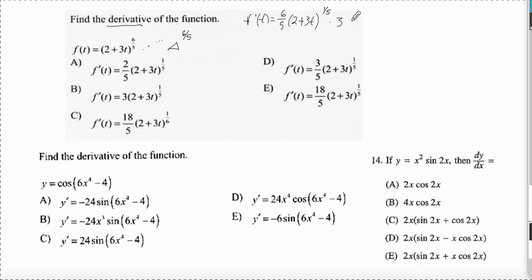And then I can do any cleaning up that I might need to do. 6/5 times 3 is going to give me 18/5 times 2 plus 3t to the 1/5 power. Let's see if we see that anywhere. Oh, look, there it is right there. So that's going to be my answer.